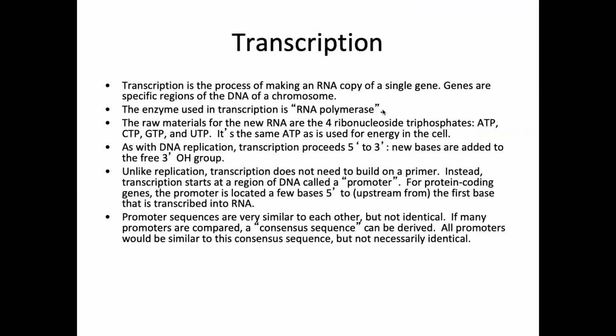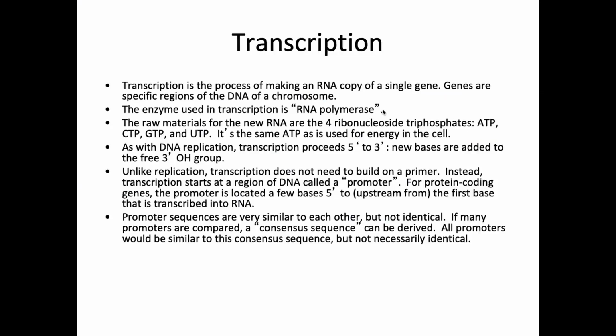Okay, so getting back to the idea that genes, these transcriptional units within a chromosomal DNA molecule, have to be well defined. In other words, the RNA polymerase has to know when and where to begin a transcriptional event. And it also has to know when and where to terminate a transcriptional event.